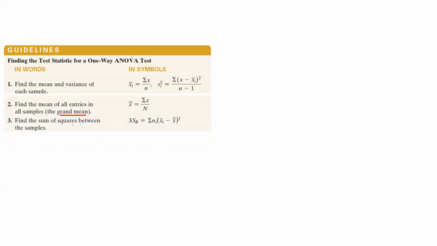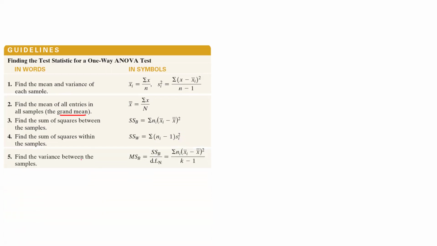Then find the sum of squares between the samples. The sum of the squares between the samples is the summation of ni's times the difference between each sample average and the grand average squared. 4. Find the sum of the squares within the samples. Sum of squares within, which is the summation of the difference between ni and 1 times the variance. 5.